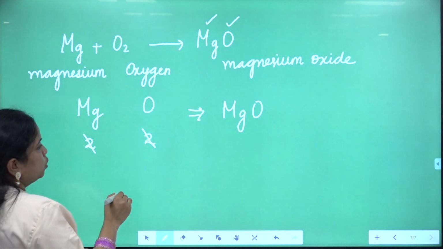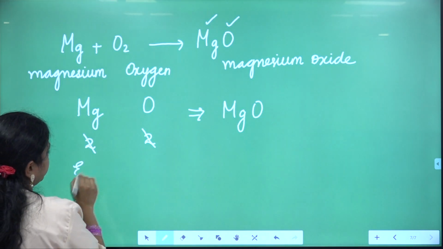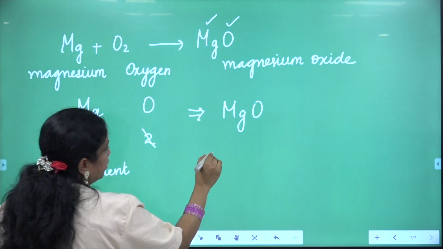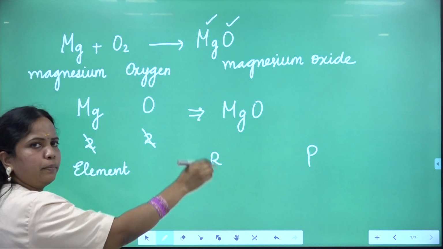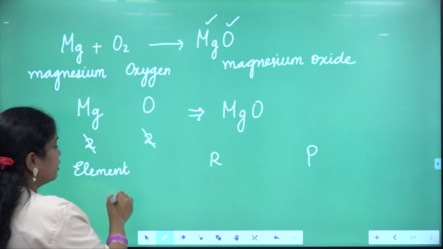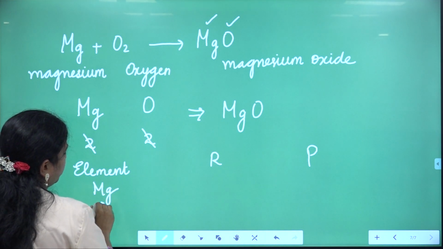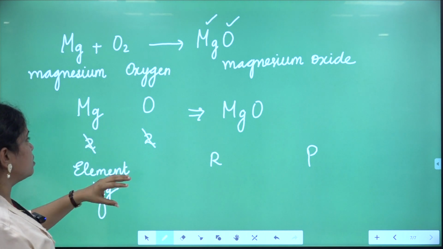Now, we will check whether the equation is balanced or not. First, what we need to write, children? The elements, and the number of atoms in the reactant side and product side. What are the elements present in the reactant side? It is Mg and O. How many magnesium atoms are present in the reactant side?